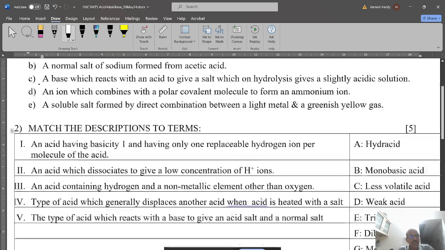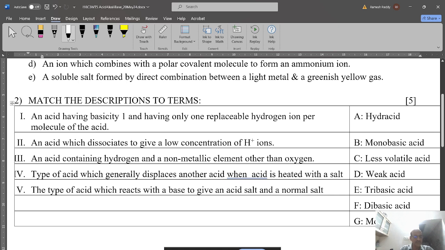Okay, all right, let's go to the match the descriptions to terms. It is very, very simple. Can anyone try the first one? Sir, first one is monobasic acid. Very good. An acid having basicity 1 is a monobasic acid.